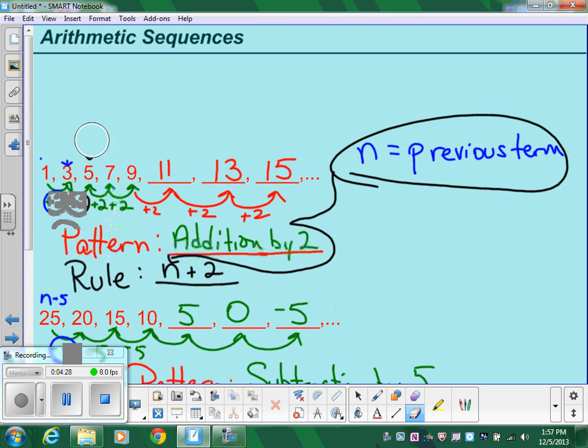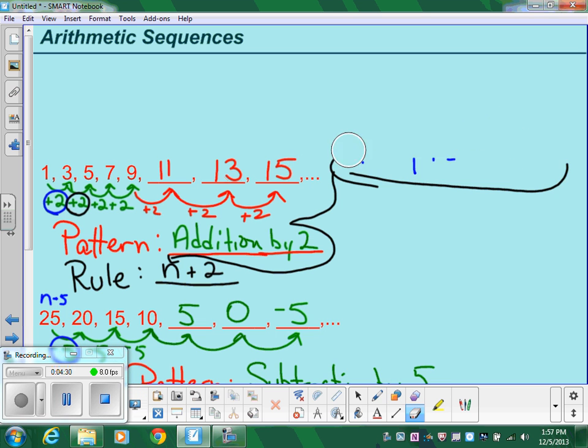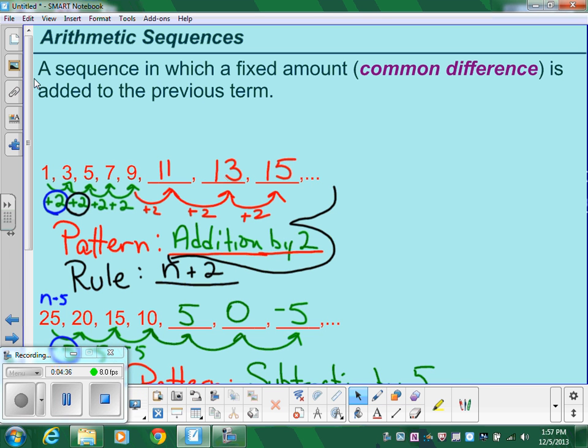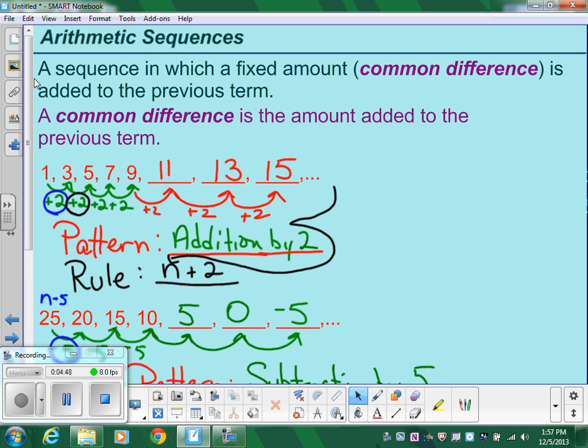These types of sequences are also known as arithmetic sequences. That's a sequence in which a fixed amount, known as the common difference, is added to the previous term. The common difference is the amount that is added to the previous term.